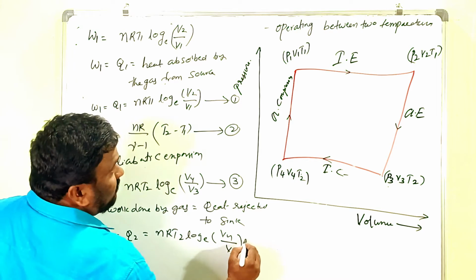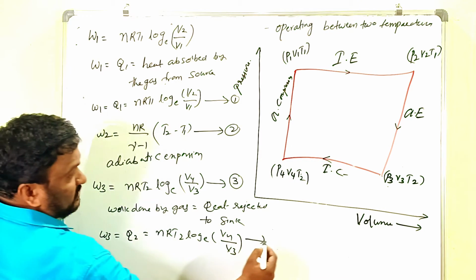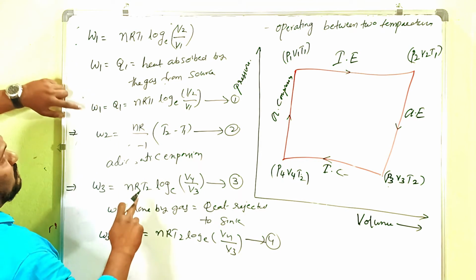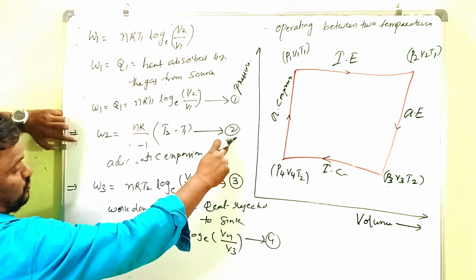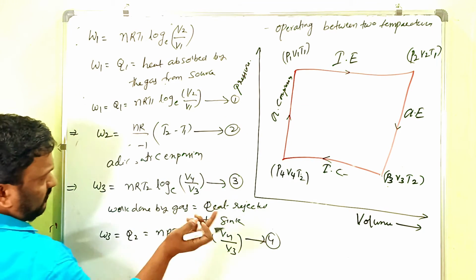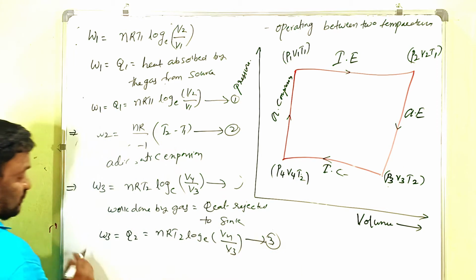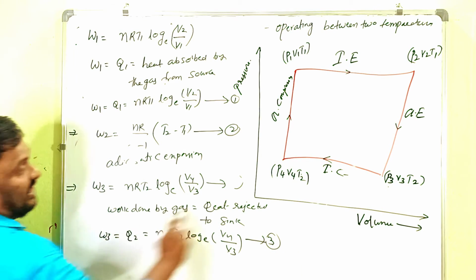This is equation number 4, children. Clear? So this is about the work done in isothermal compression.